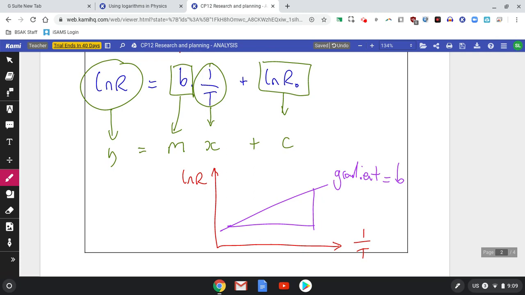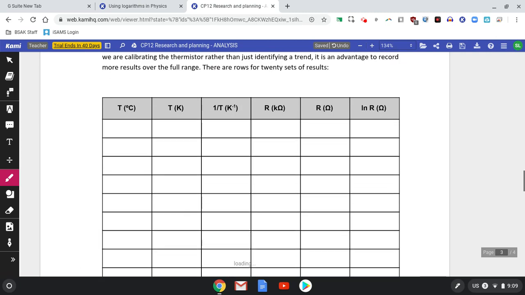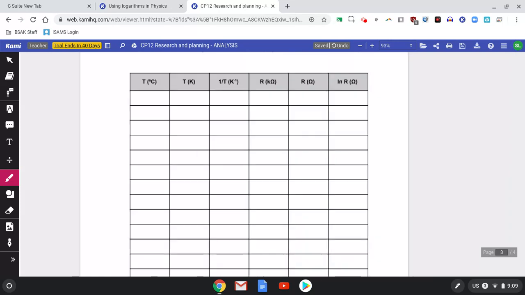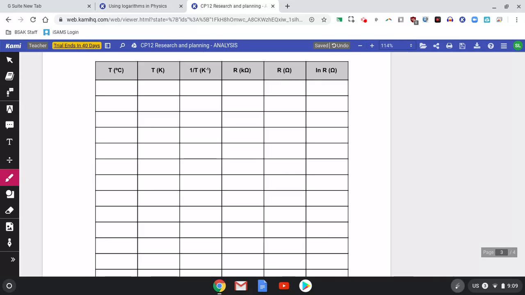Right. We need a table then, don't we? We've got quite a lot of manipulation of data to do there. So in this document, I've prepared this table for you. From the video, you had values of temperature in degrees Celsius. But like I said earlier, we need to convert those into kelvins, don't we?